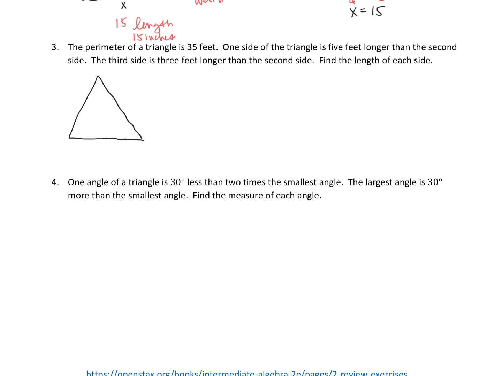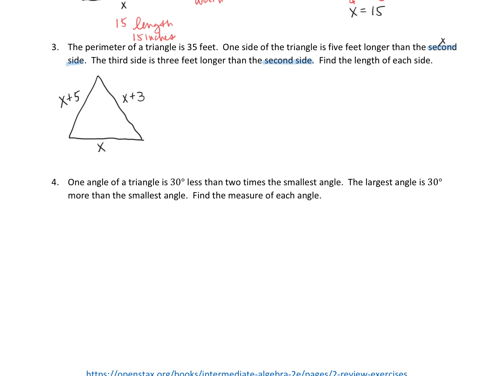So 5 feet longer than the second side. So notice they're comparing to the second side. So the second side is what I'm going to call x. The next sentence, they're also comparing to the second side. So this is also x. The third side is 3 feet longer than the second side. So that would be x plus 3. Find the length of each side.